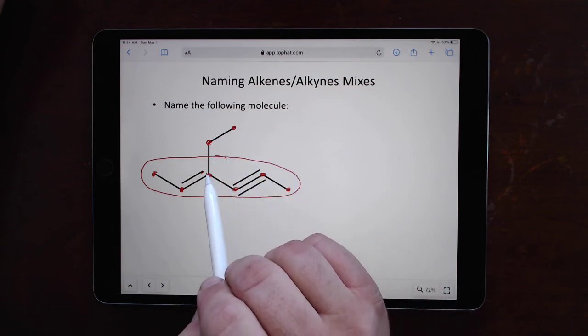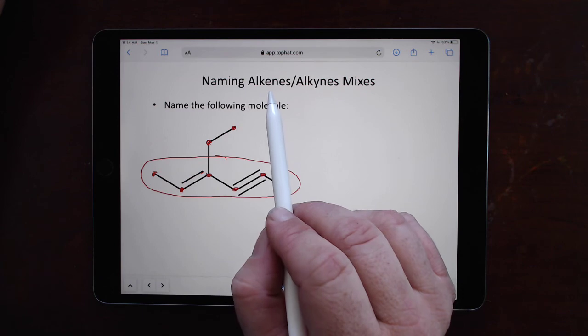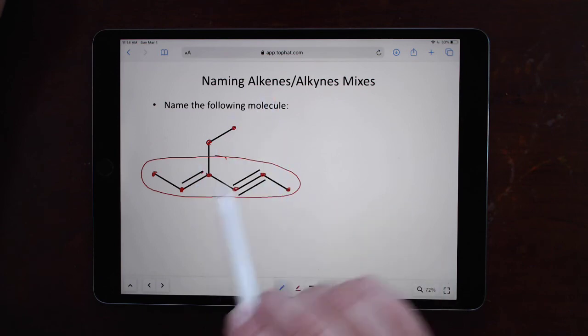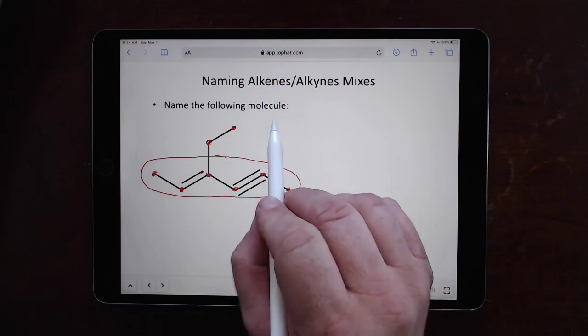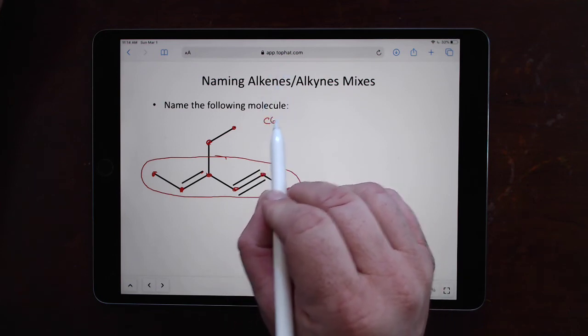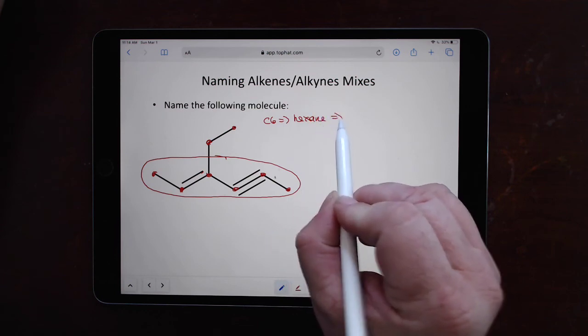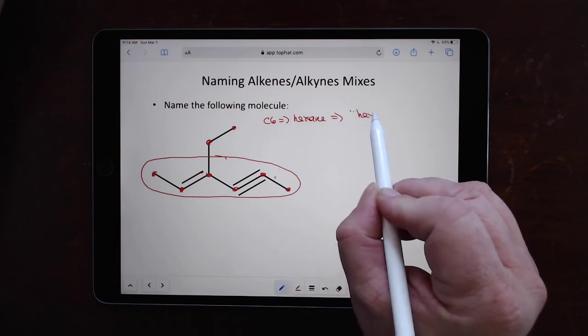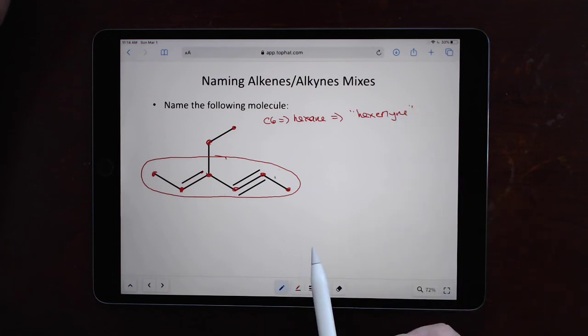You can't just have one carbon of the double bond or triple bond in your main chain. You have to have both of them. So it becomes 1, 2, 3, 4, 5, 6. So C6, which would normally be hexane, but ours is going to be hexene-yne, kind of craziness.